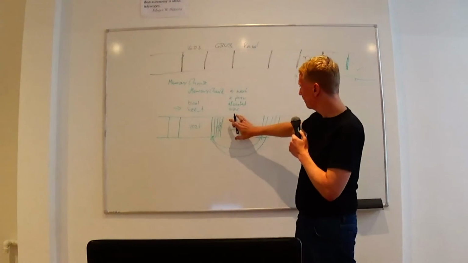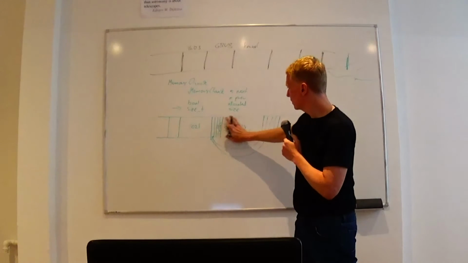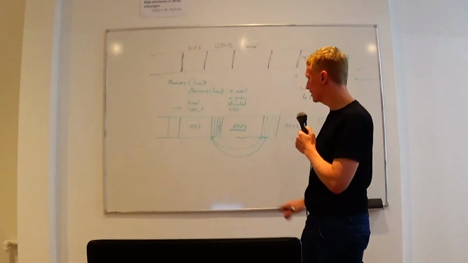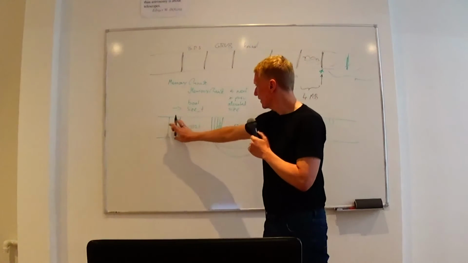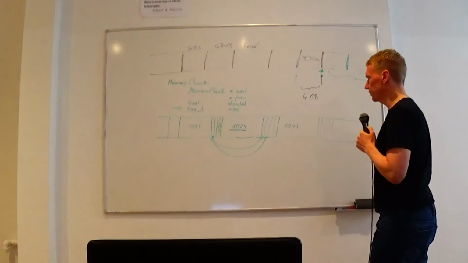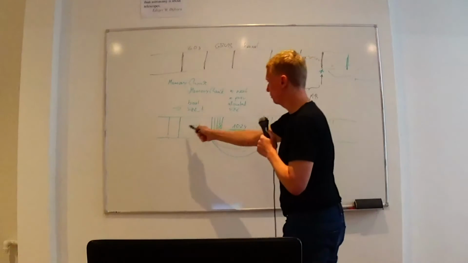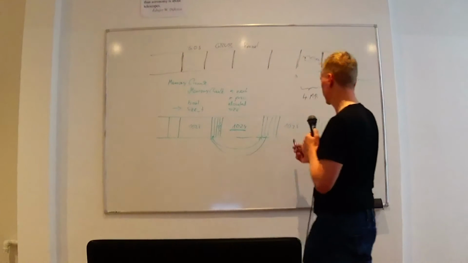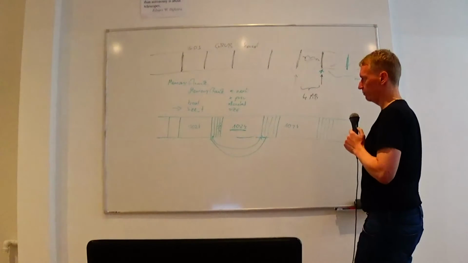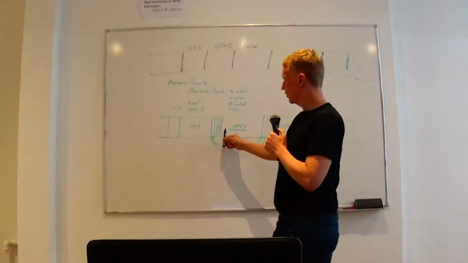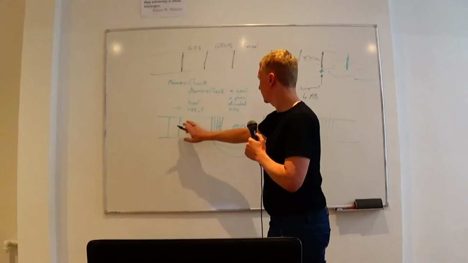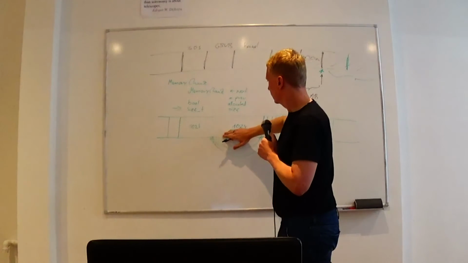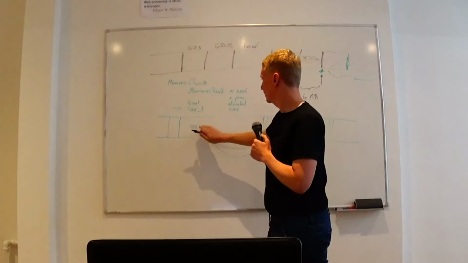So if I deallocate something that neighbors some free space, then I will merge it. If the previous one is free, then I will merge this, and if the next one is free, I will merge this. And if both are free, then I will merge this first, so that we have this situation.